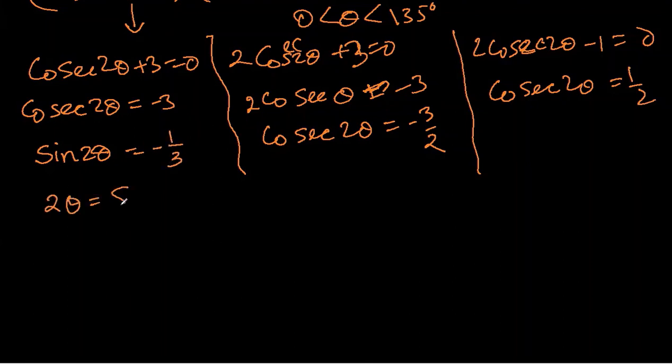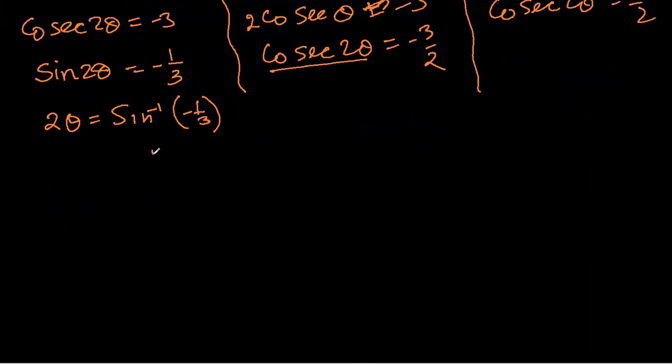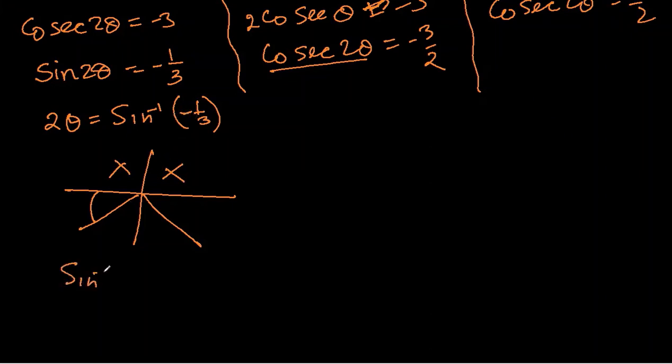So 2 theta becomes sine inverse minus. Sine is negative in these two quadrants, and this will be sine inverse positive 1/3, because we can't use this or this where sine is positive. So we will just write sine inverse 1/3 without negative, because negative has already given us the quadrants. So let's find this acute angle by sine inverse 1 over 3 in my calculator.